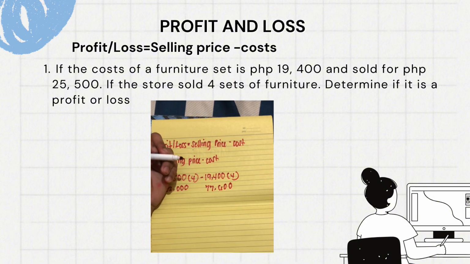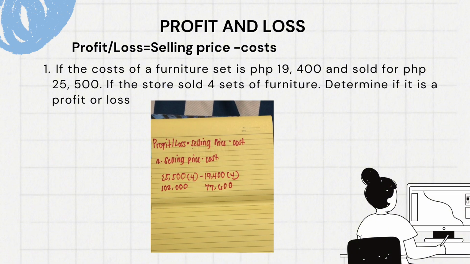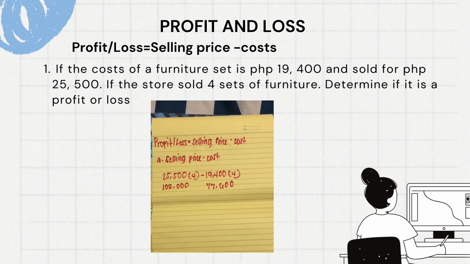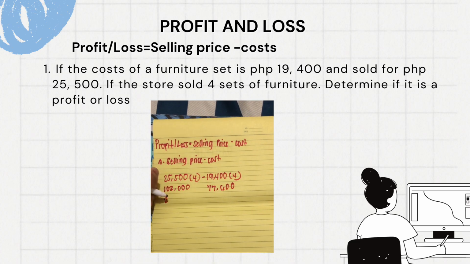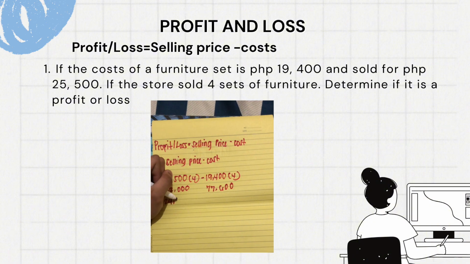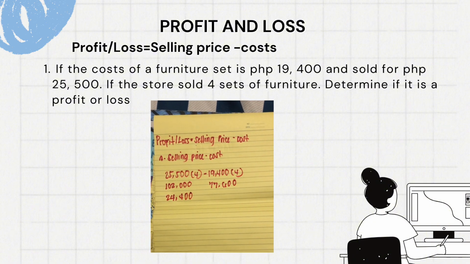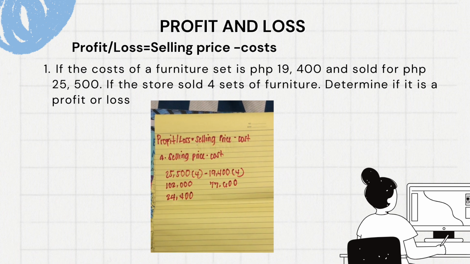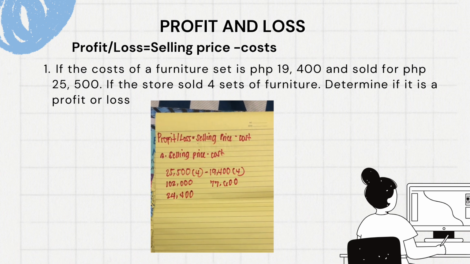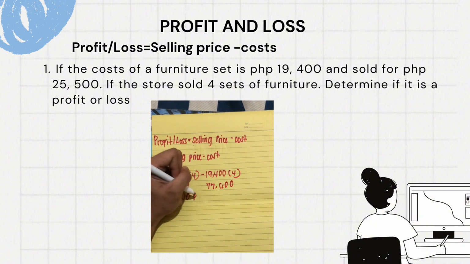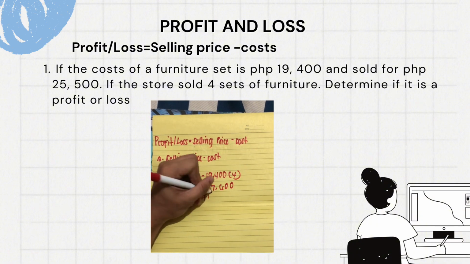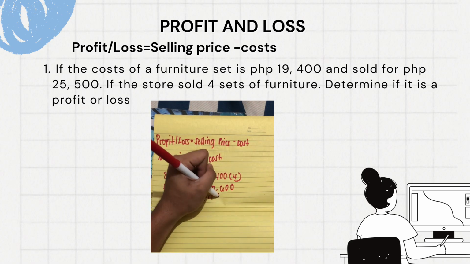Let's subtract those. The answer is 24,400. As we said earlier, positive is profit. So the answer is profit. Here is the answer.